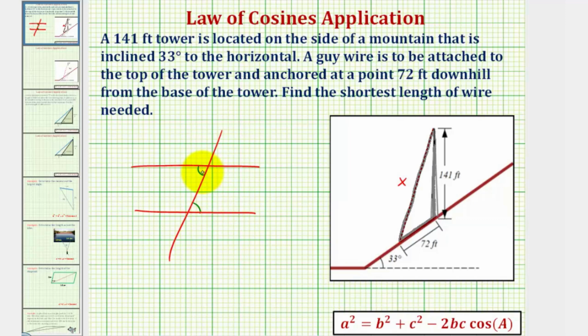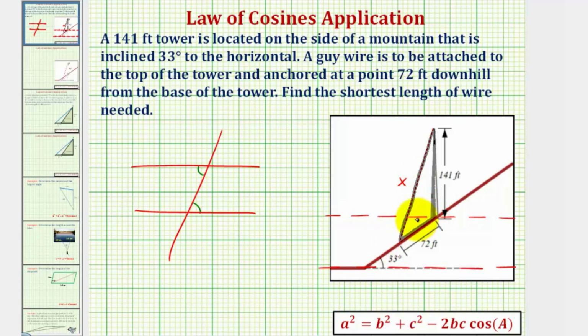So if we apply this to our diagram and we use the horizontal as one of the parallel lines, and we form a second parallel line that passes through the vertex of this obtuse angle, it might look something like this. And because this angle measures 33 degrees, the alternate interior angle is also 33 degrees, which would be this acute angle here.